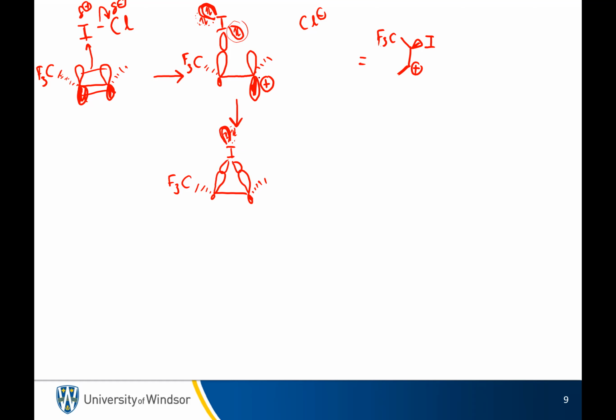That's a 3-membered ring, everything sp3 hybridized. That's exactly the same geometry as a cyclopropane. Positive charge is now on the iodine. If we draw it like this, what am I doing? Using a lone pair on the iodine to attack the carbon.